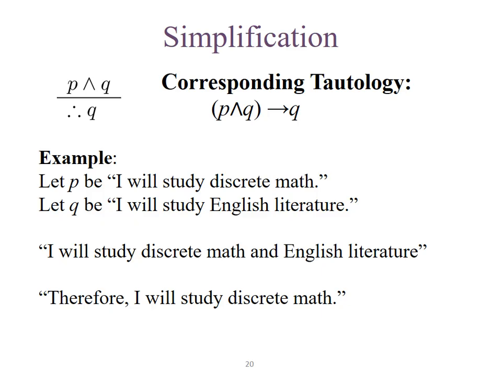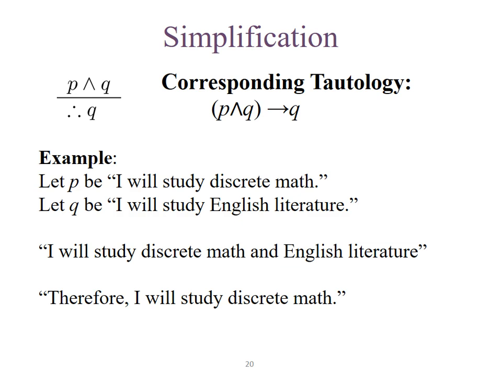Okay, we have addition, so now we have simplification. If P and Q is true, that means Q is true, and P is true. You can write P here. Okay, so this is how we call simplification, because if both P and Q are true, then P is true.